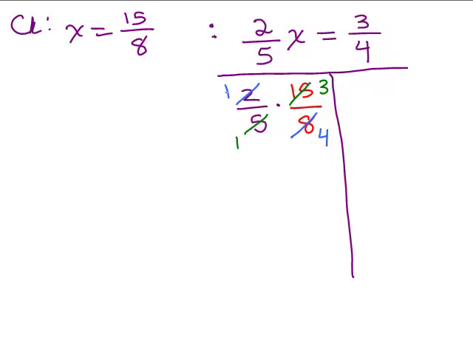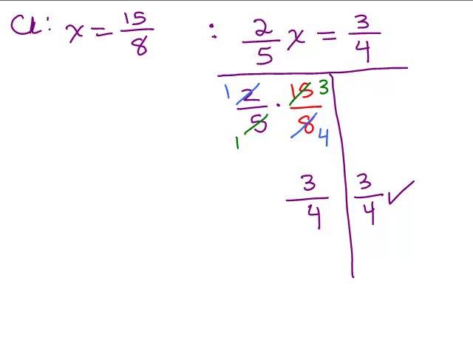So I have left in my numerator 1 times 3, and in the denominator 1 times 4. So the left-hand side simplifies to 3/4. And the right-hand side is already simplified, so we just have to write that down. And if these are the same number, then it checks.